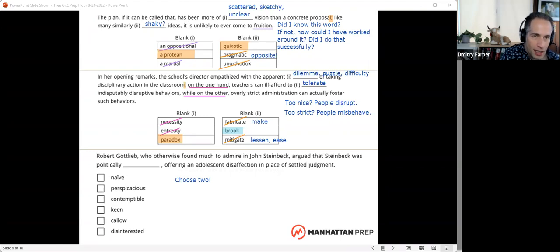Yeah, naive and callow both mean, they have slightly different spins to them. Like naive is like you're unsophisticated, maybe a little gullible. Callow implies more youth and inexperience, but both would apply to someone who doesn't really know what's going on in the world, isn't fully caught up with what's happening.